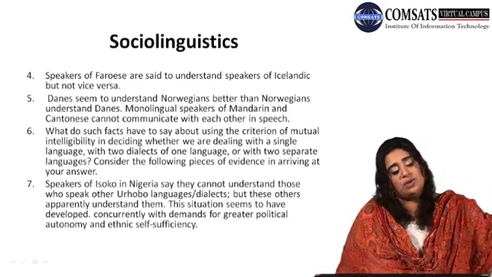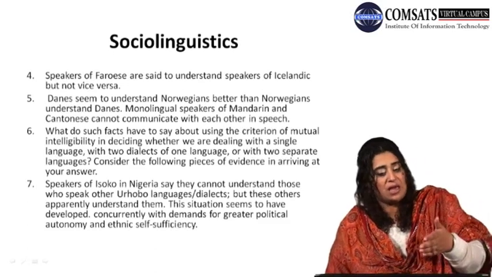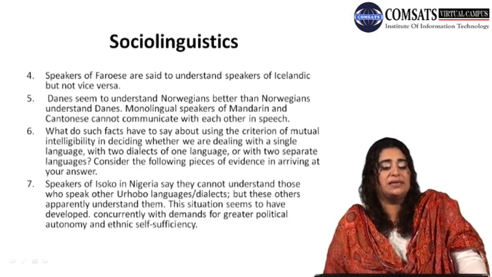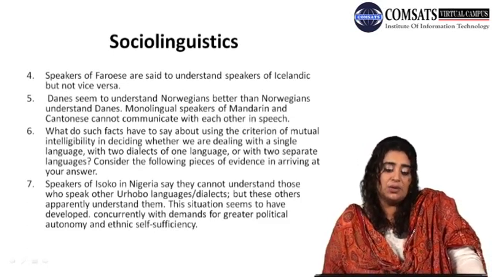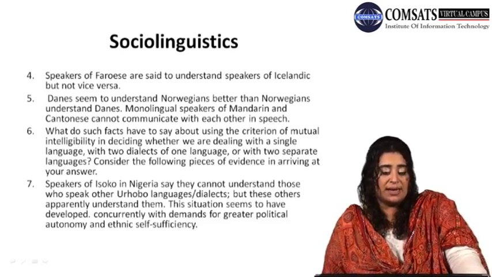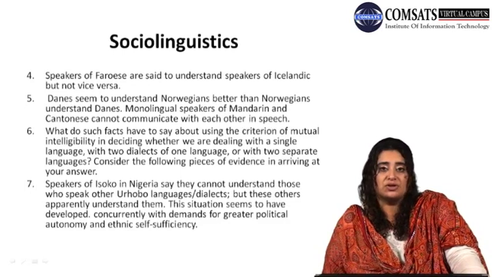What do such facts have to say about using the criterion of mutual intelligibility in deciding whether we are dealing with a single language, with two dialects of one language, or with two separate languages?